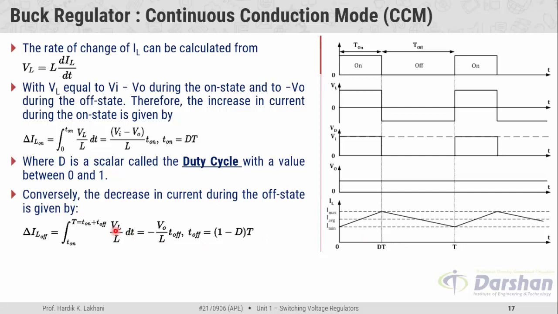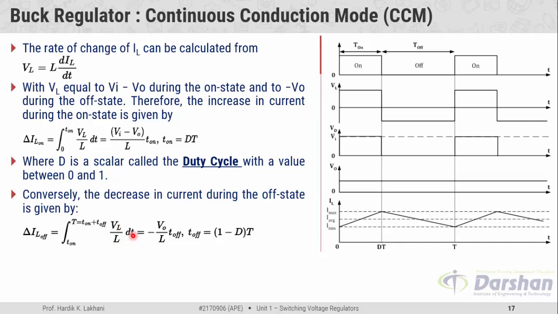So delta IL off is equal to the integral from T on to T on plus T off of VL divided by L, dt.